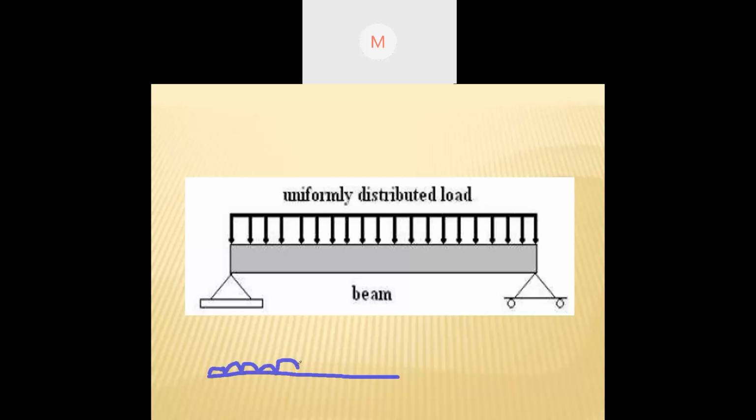So this is basically what we draw in our copies for determining uniformly distributed load. So this is the beam. These are the two supports, right? This is what is called UDL.